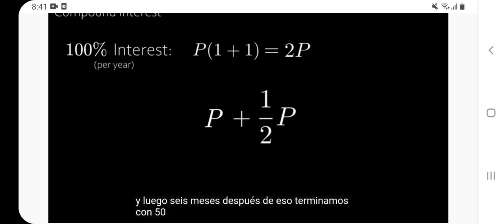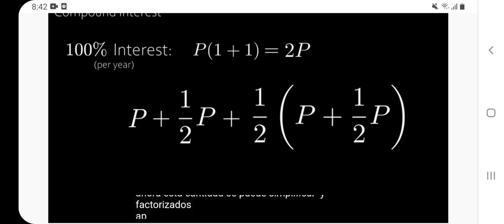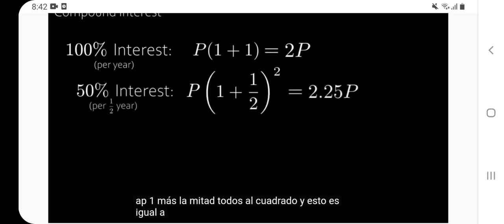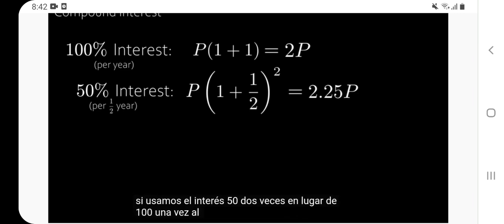And then 6 months after that, we end up with 50% of the amount that we already have added on top. This amount can be simplified and factorized to P times (1 plus 1/2) all squared, and this is equal to 2.25 times P. So you see, we end up with more if we use the 50% twice rather than 100% interest once at the end of the year.